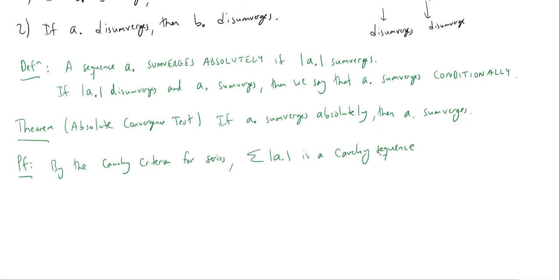Okay, so if we know that a sequence subverges, then we know that the sum sequence is a Cauchy sequence. Okay, what did it mean for a sequence to be a Cauchy sequence? It meant that if you have any zero coin, then it will contain a tail.